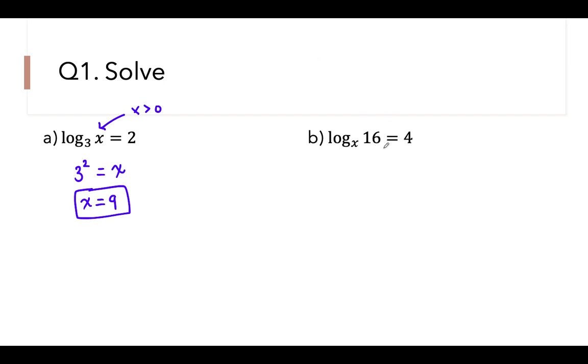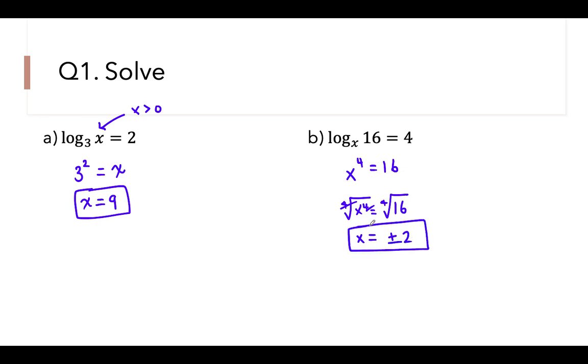Next, let's put it in exponential form. x to the 4 is equal to 16. Then we're going to take the fourth root of both sides, so the fourth root of x to the 4 and the fourth root of 16, so they cancel out. x is equal to plus or minus 2.